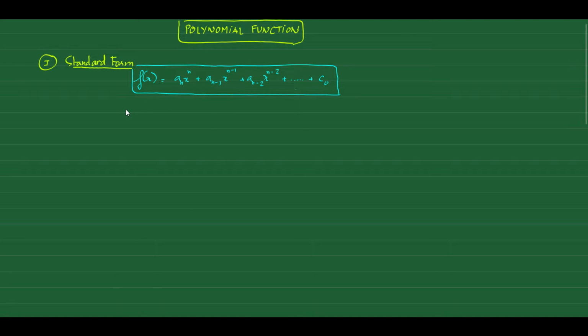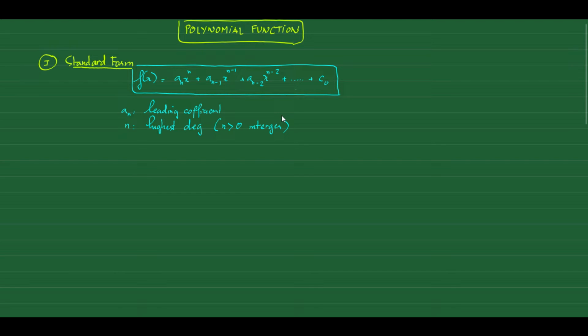So that's why a sub n over here, attached to the x raised to the n, is called the leading coefficient. And the n over here is the highest degree. Okay, it's the highest degree, and n over here must be a positive integer.